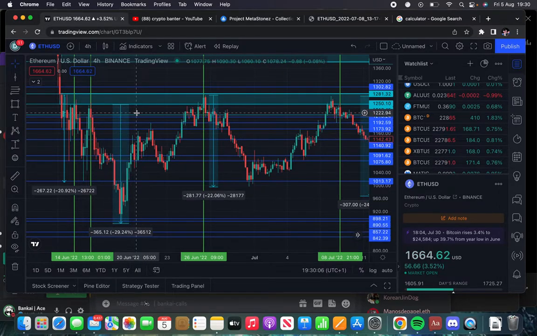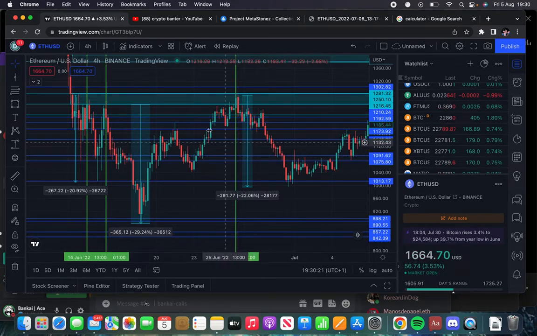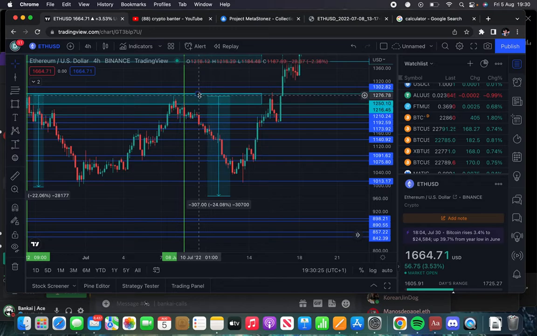And these two had been rejected from the top of the range, whereas this one had been rejected from the lower end of the range. So I was more leaning towards a 20% move, because this one was the same, coming from the top of the range.